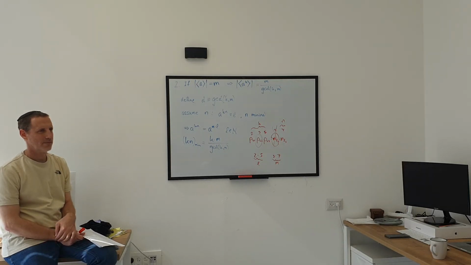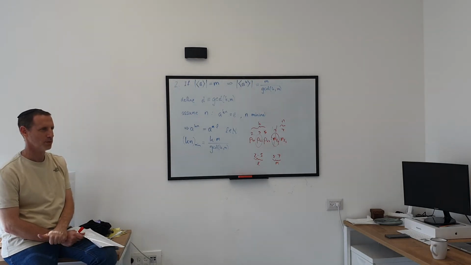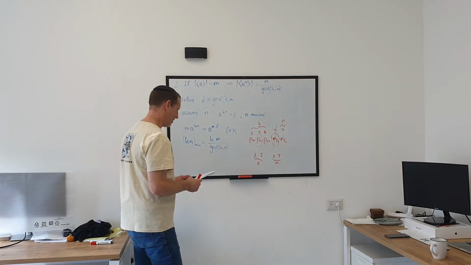Because M has to be there. Otherwise, you will not get to E if M is not there, by definition, of the group. All right.